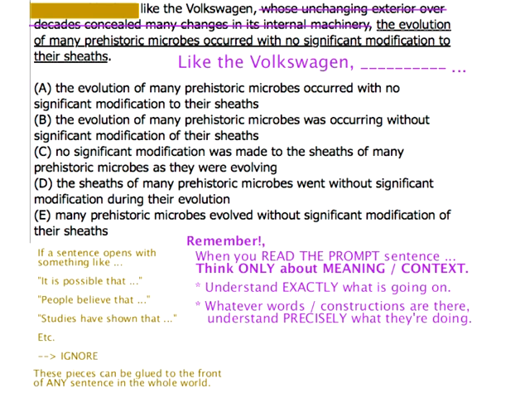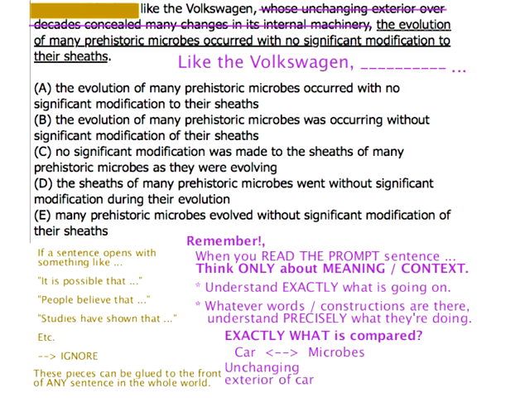It's going to be like, let me just use common sense here and see what they're telling me. So the question is exactly what is compared. Well, the deal is that they're comparing the car to the microbes, and then the sheath, the unchanging exterior of the car, is what compares to the sheath of the microbe.